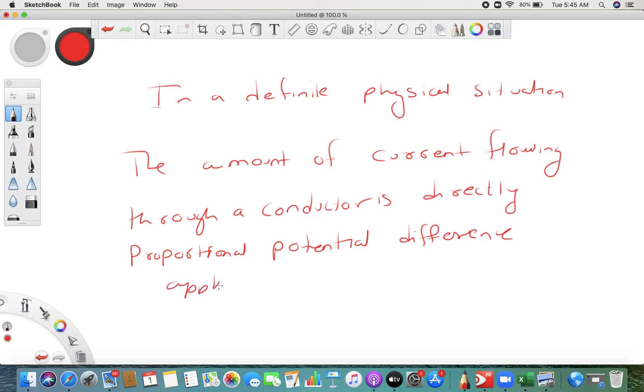And we can say V is directly proportional to I, therefore V is equal to IR.